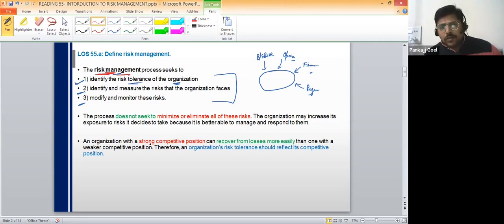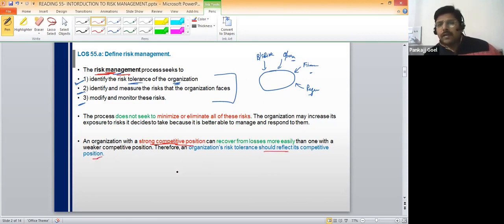An organization with a strong competitive position recovers quickly from losses, in comparison to an organization which has a weak competitive position. Therefore an organization's risk tolerance should reflect its competitive position.